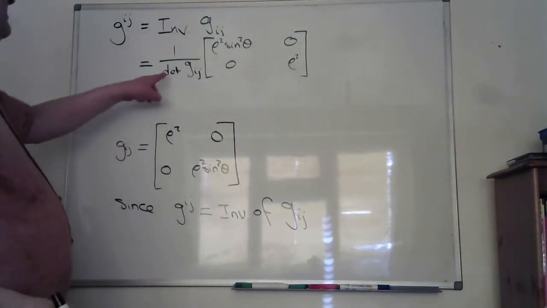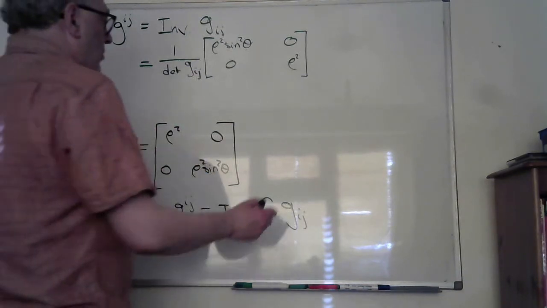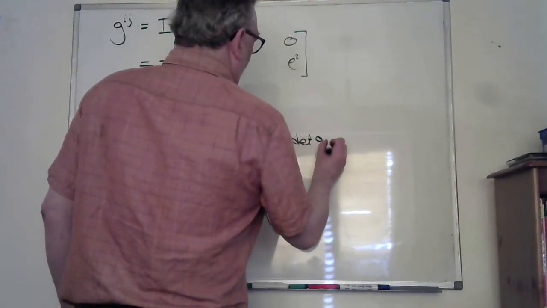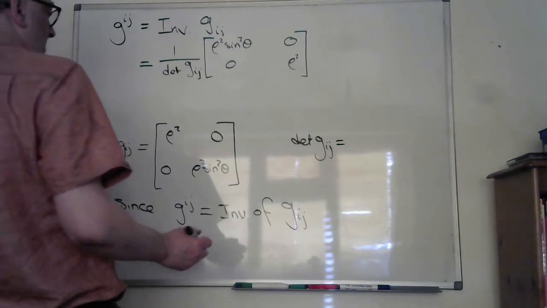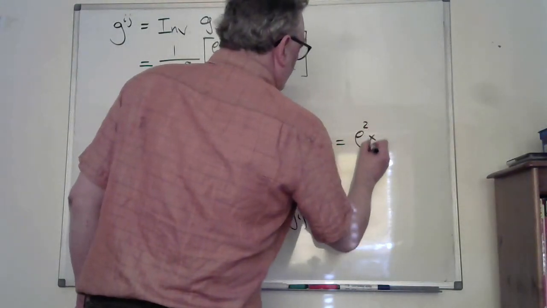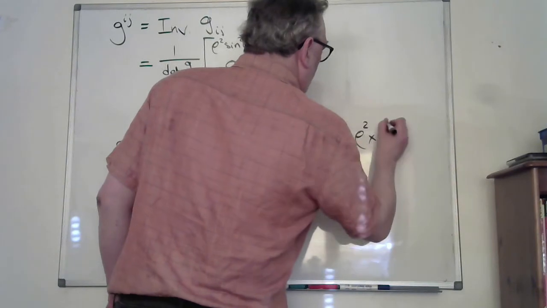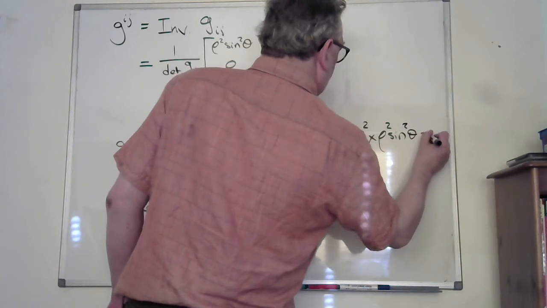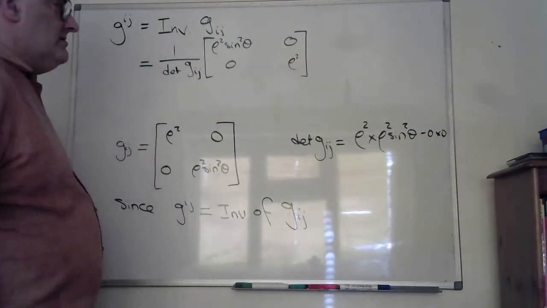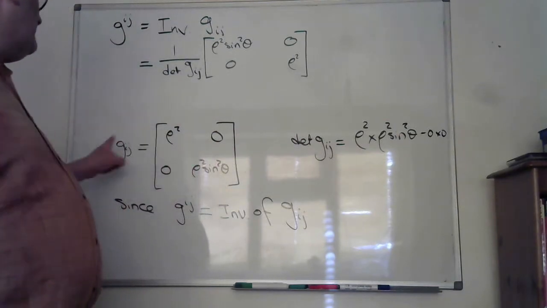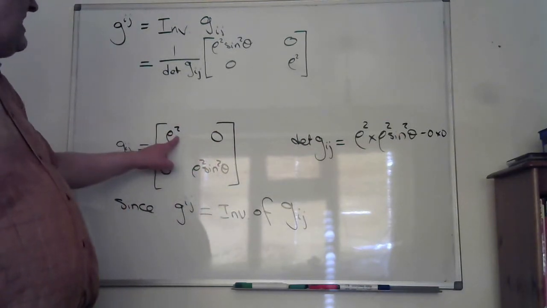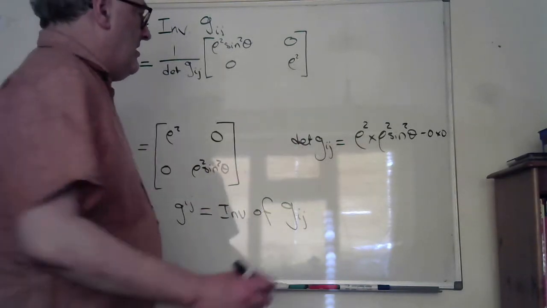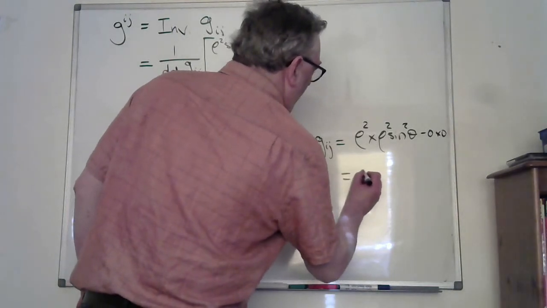But what's the determinant of this matrix? Well, the determinant of G sub IJ is equal to rho squared times rho squared sine squared theta minus 0 times 0. And that comes out to be rho to the power 4 sine squared theta.